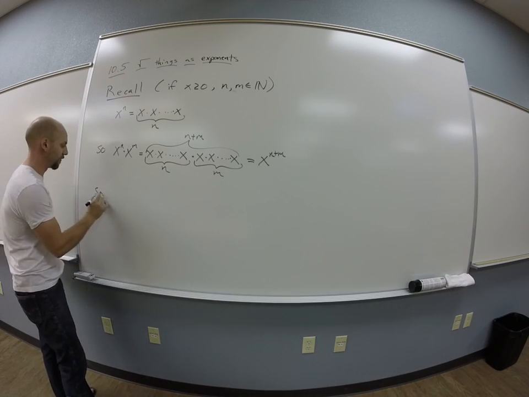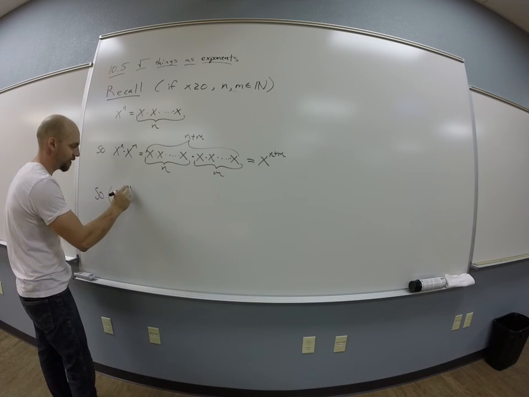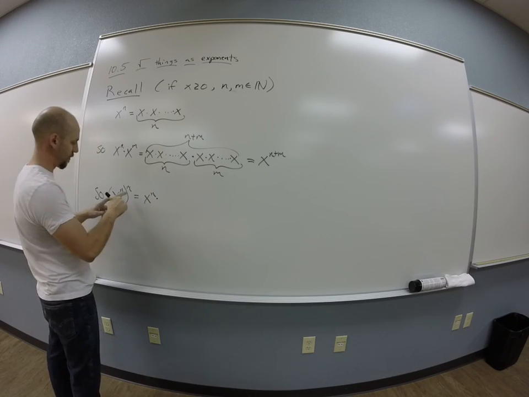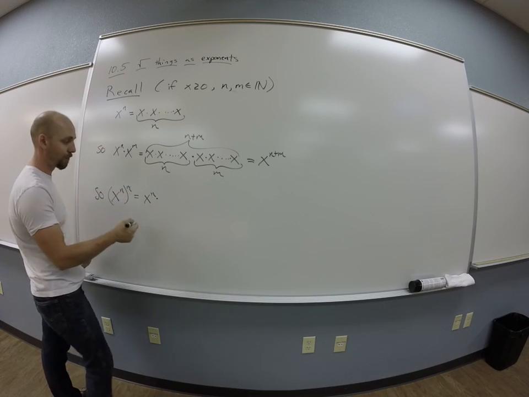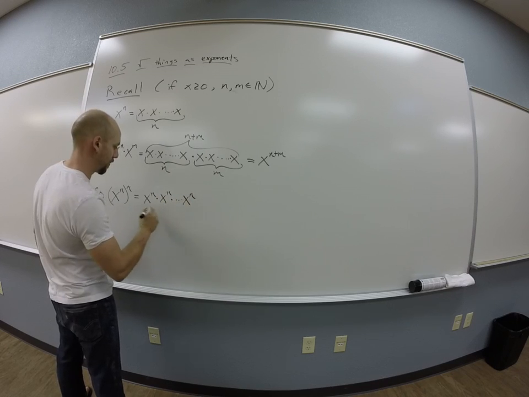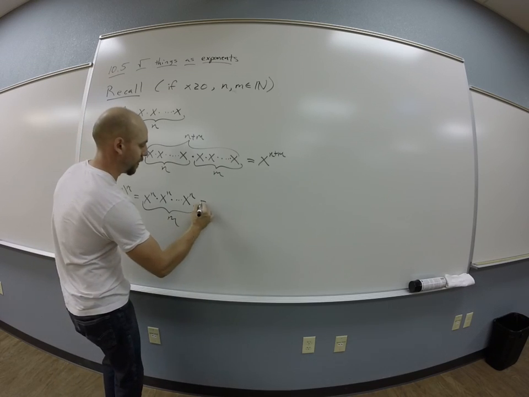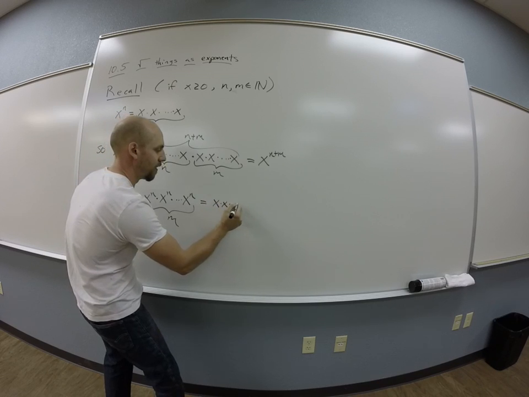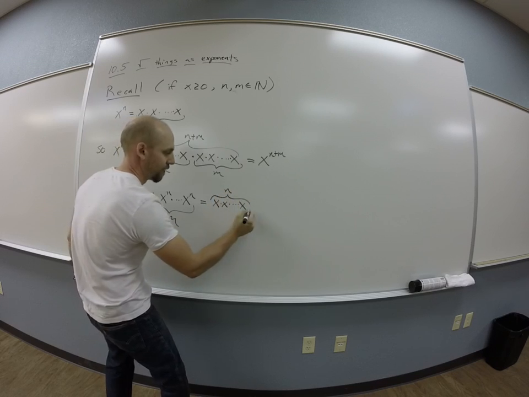Okay. There's another rule that we should remember: if we have x to the n and raise it to the m, then doing that outside exponent first, I've got x to the n multiplied by itself m times. So there's m of these, and I can expand each one, and each is made of n x's.